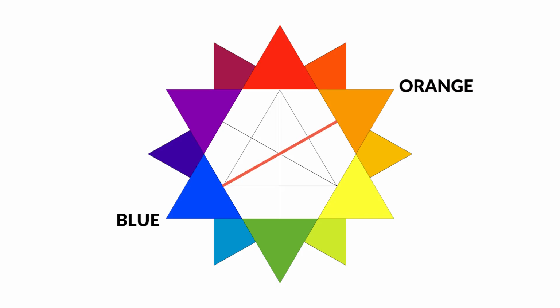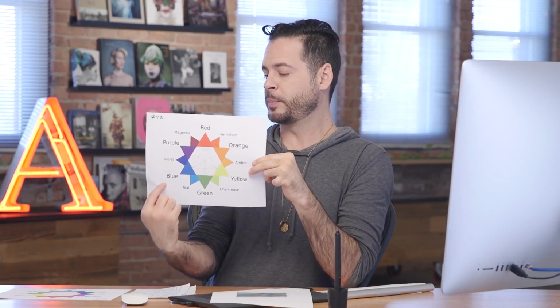So blue and orange. Now, if you were to mix those two together, you would get gray. As far as we're talking about physical paint here, we're still talking about physical paint. But if you place blue right next to orange, those two tend to stand out really nicely and create what's called complementary colors.